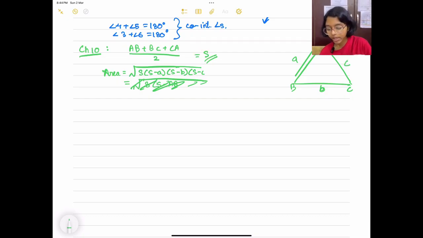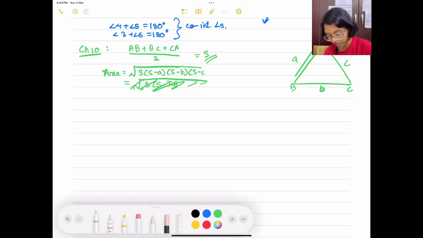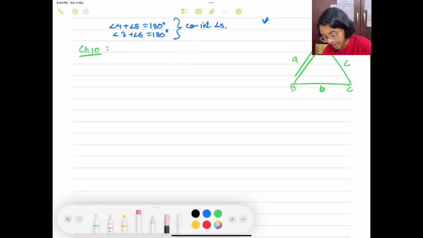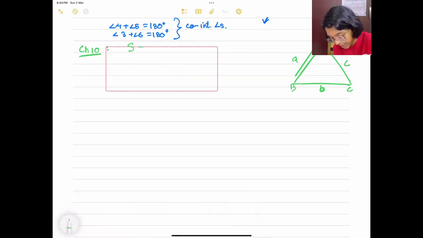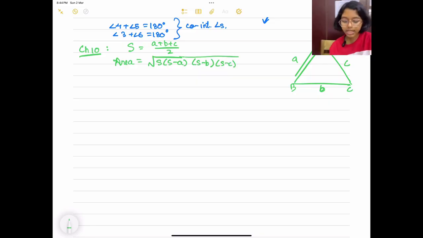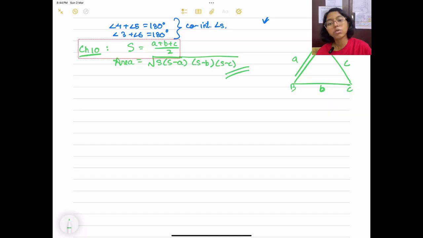So semi-perimeter S is equal to (A plus B plus C) by 2. Area is equal to root S into (S minus A) into (S minus B) into (S minus C). Crystal clear, right? This is the area of a triangle whose three sides are unknown or differing.